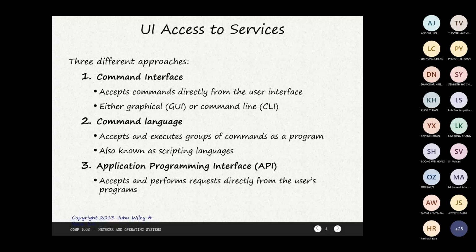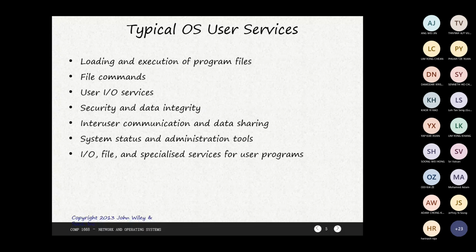Three different approaches that we cover: command interface using command line, CLI, command language, and API. Typical OS user services, which you are doing every day with your system, such as loading and execution of program files, giving file commands, user I/O services, security and data integrity, inter-user communication and data sharing, checking system status and using some administration tool if required.